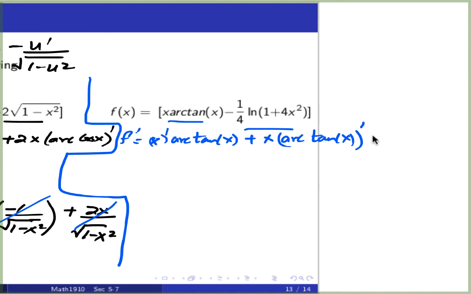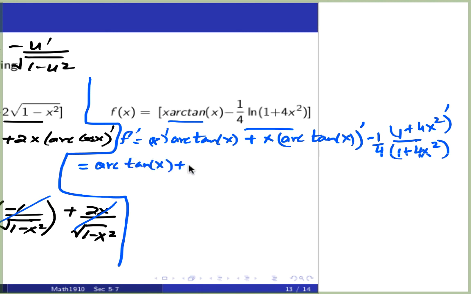And then you take the differential of minus 1/4 natural log expression. So minus 1/4, the differential of this is going to be 1 over 1 plus 4x squared, and the differential of 1 plus 4x squared. Okay, let's do that. So now x prime is 1 times arc tangent x plus x times the differential of arc tangent x, which is u prime over 1 plus u squared.